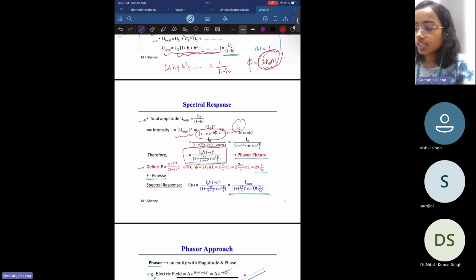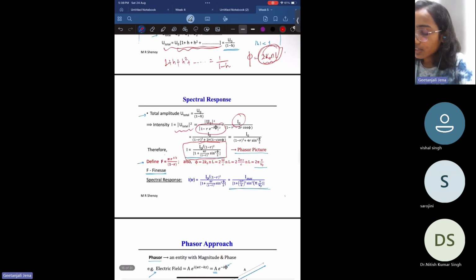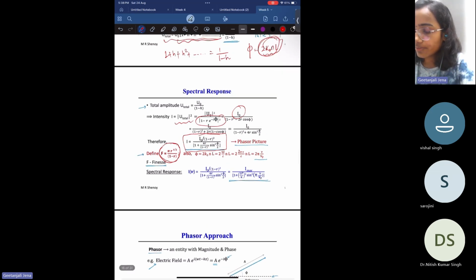Now for the spectral response, we typically plot it in terms of intensity versus frequency. So next what we have done, we have defined a parameter, that is F, the fineness. You can express the fineness in terms of the reflection coefficient of the mirror. So fineness F equals pi root r divided by 1 minus r.